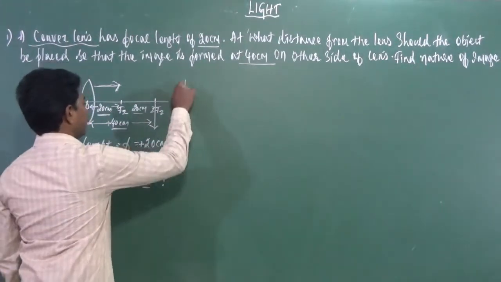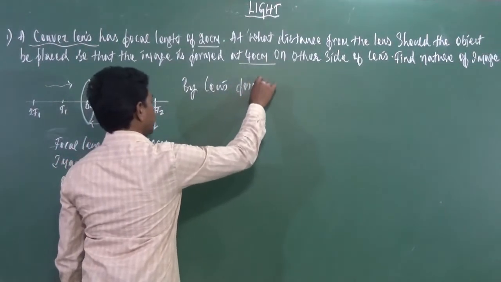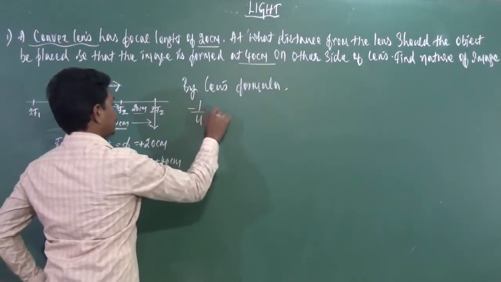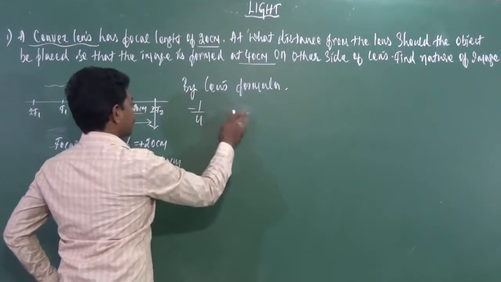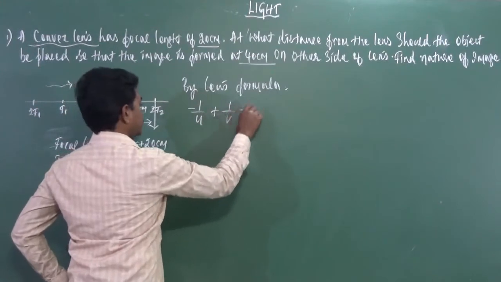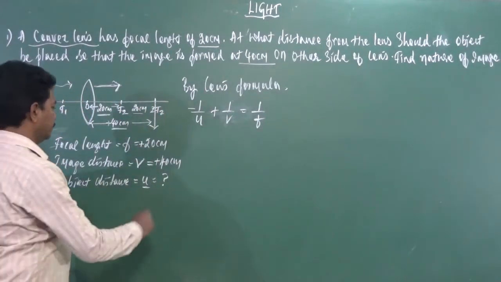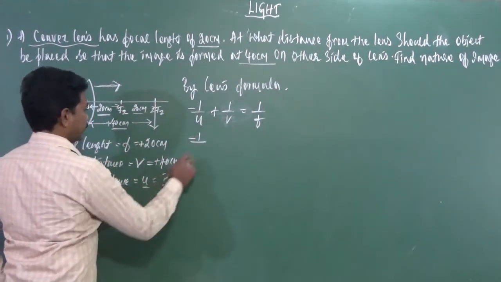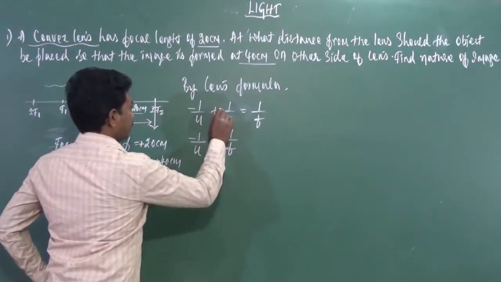These things we write regarding the nature of the image. So by the lens formula, very simple: minus 1 by u plus 1 by v is equal to 1 by f. So this is the lens formula. We will apply all the values here. Minus 1 by u is equal to 1 by f plus 1 by v.